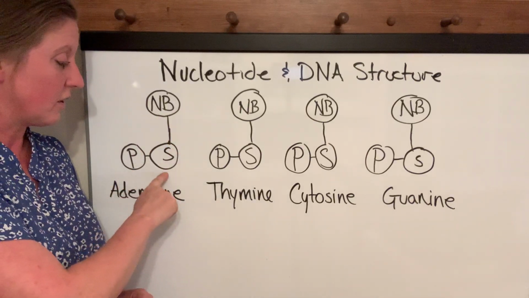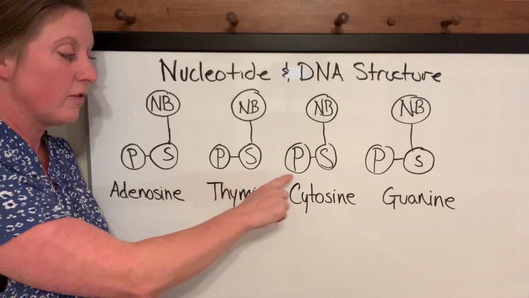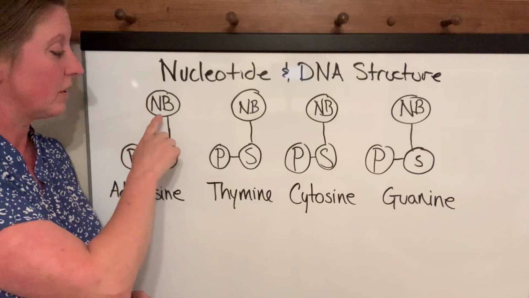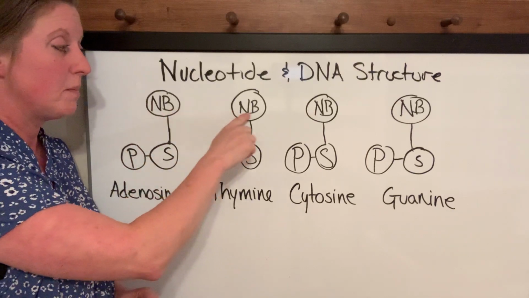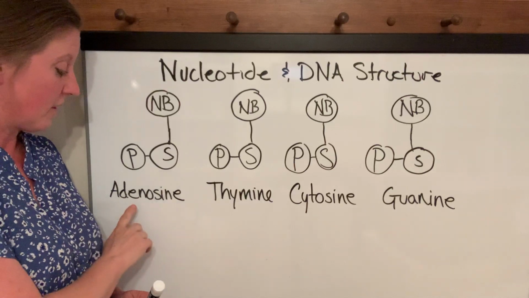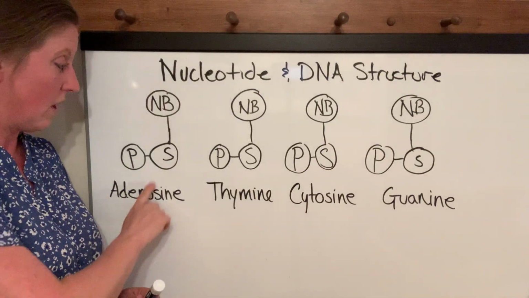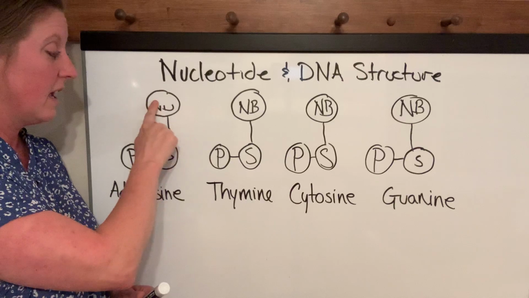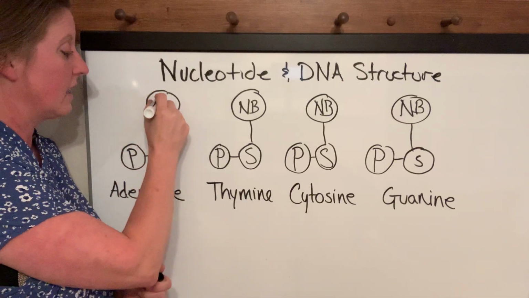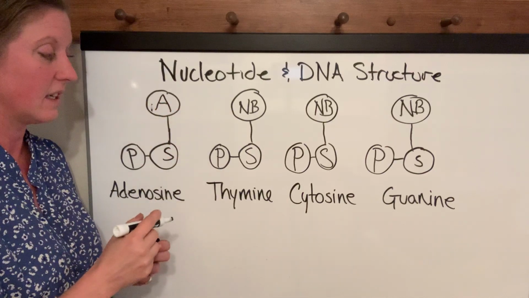The phosphate and the sugar are the same for every DNA nucleotide, but the nitrogenous base is different. And for that reason, they are given different names. So one that has a nitrogenous base called adenine, the nucleotide is called adenosine.